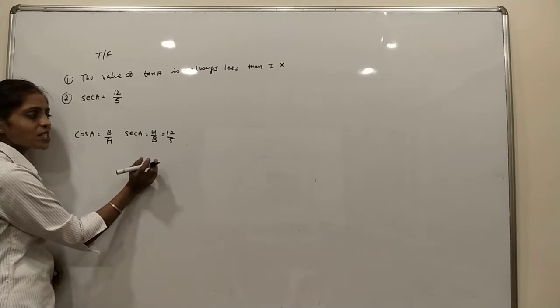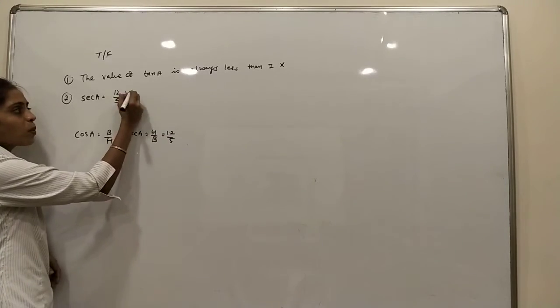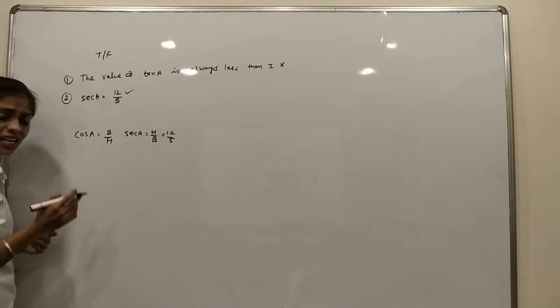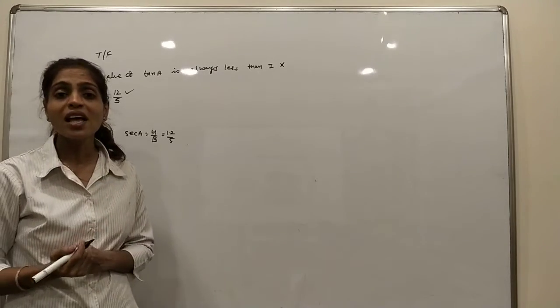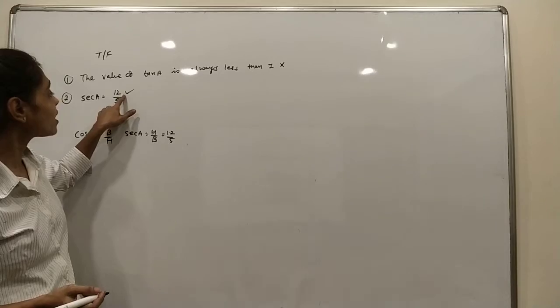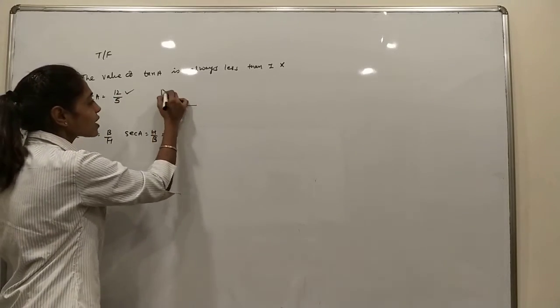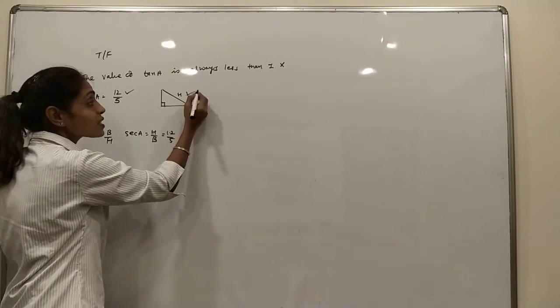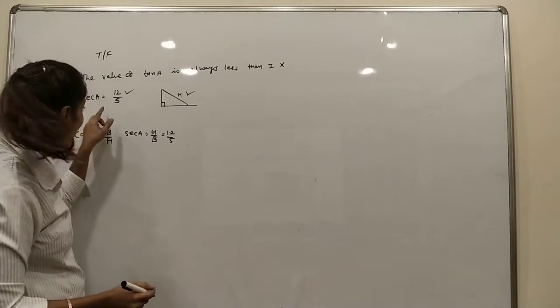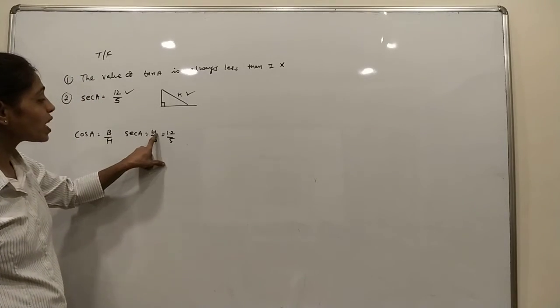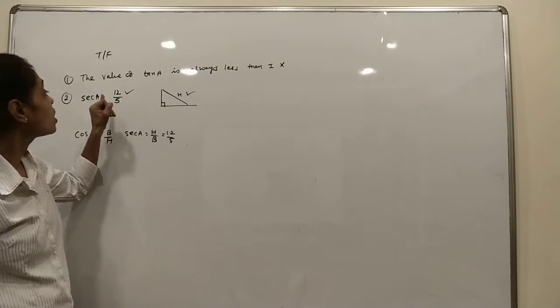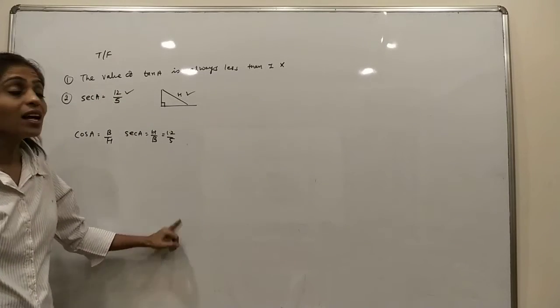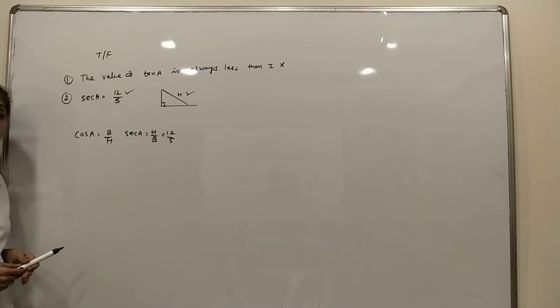Yes, the hypotenuse must be greater than the base. Always in a right angle triangle, the hypotenuse is the greatest side, so it goes on top as the bigger side. So yes, the hypotenuse is greater. Hence sec A equal to 12 upon 5 is possible.